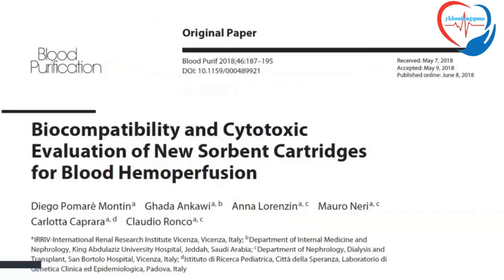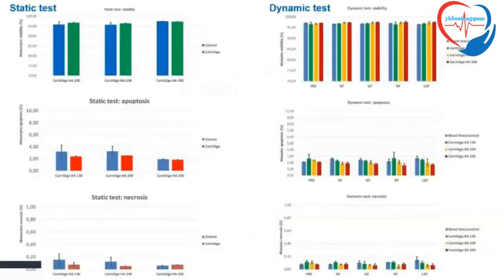Another important aspect is biocompatibility, and we did study this with two methods. One was a static test with incubation of monocytes with the sorbent and with the medium control. And the other is the dynamic test where we circulated the cells in vitro for 120 minutes.